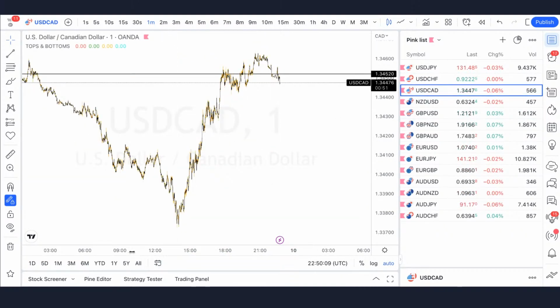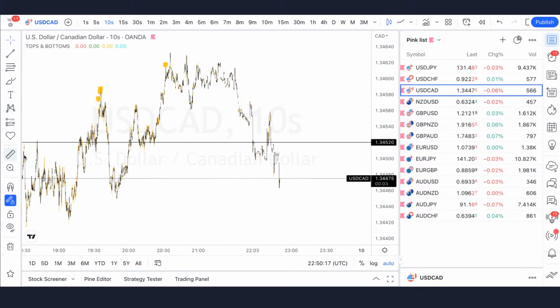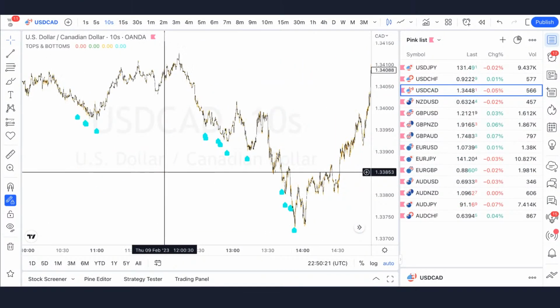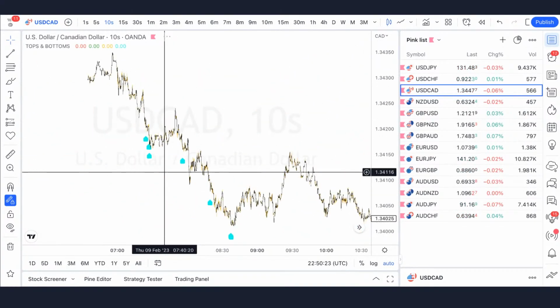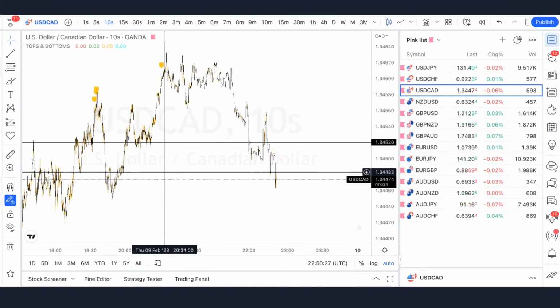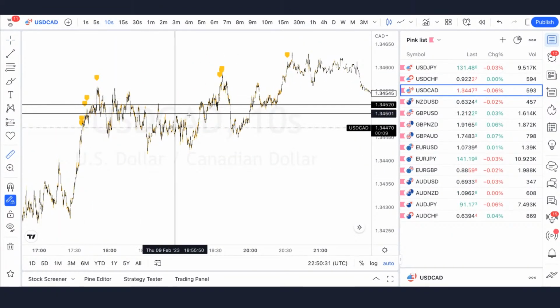Did we get anything pop through on the Canadian, USD CAD? Actually, here you can see some short trades were picked out. I'm sure we would have got lots of entries. It would have been a busy day on USD CAD. For one reason or another, we didn't get time to look at that with what else we were trading.